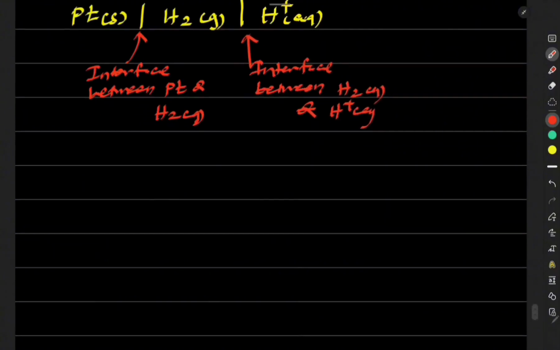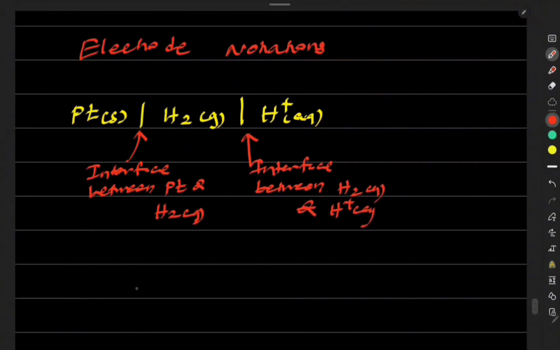For example, let's write the notation for magnesium: Mg solid, and there will be an interface, Mg2+ aqueous, and that's all. There are no other interfaces.